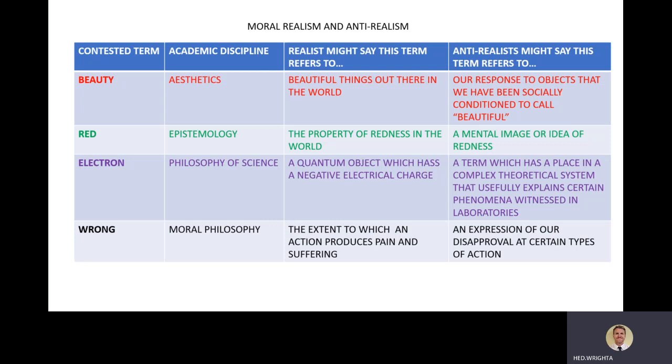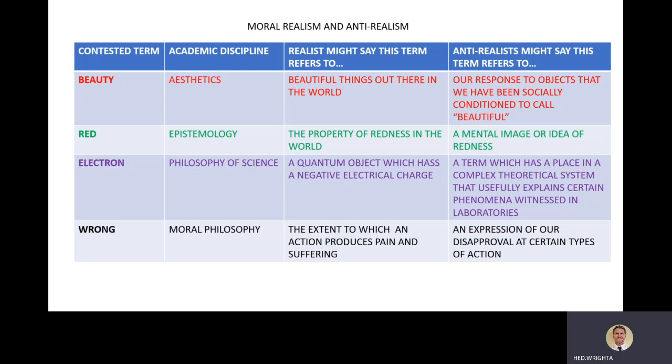But an anti-realist would say that it is our responses to objects that we have been socially conditioned to call beautiful. For example, as you go through the ages, people's idea of a beautiful person has changed. You look at different artists and paintings through the Romantic period, the shape of men and women are very different as they go through the centuries.